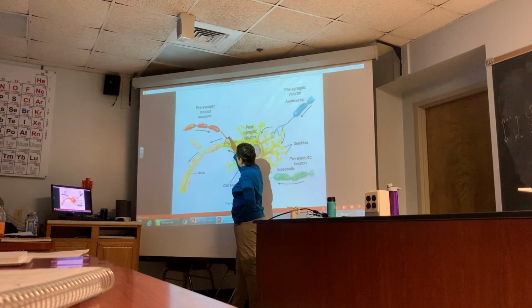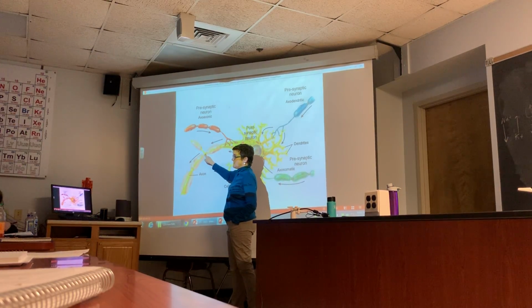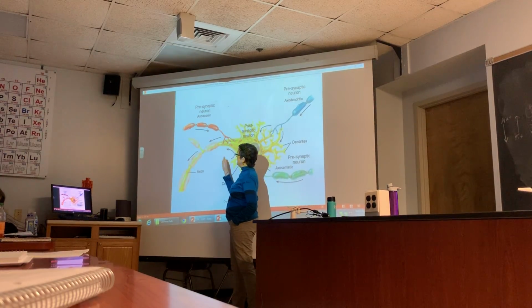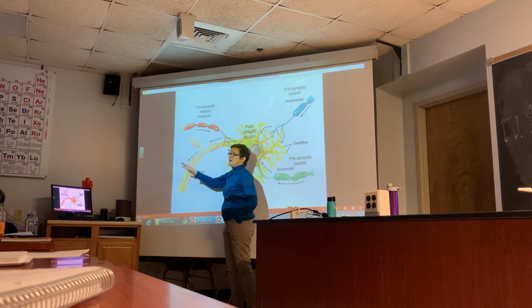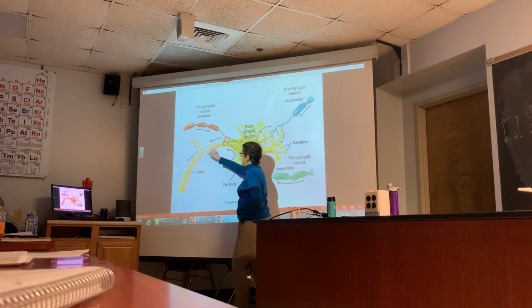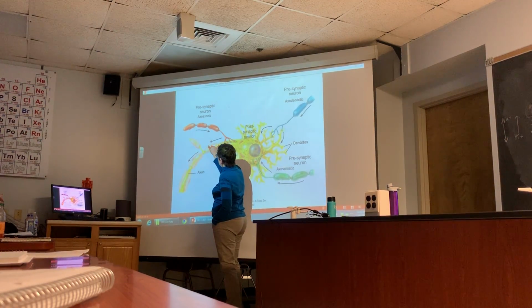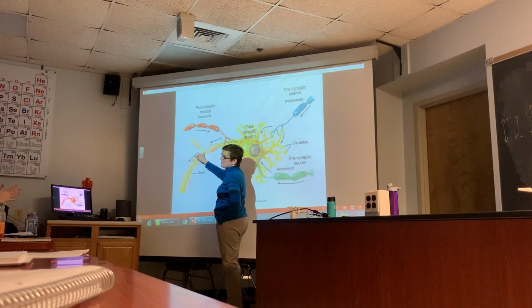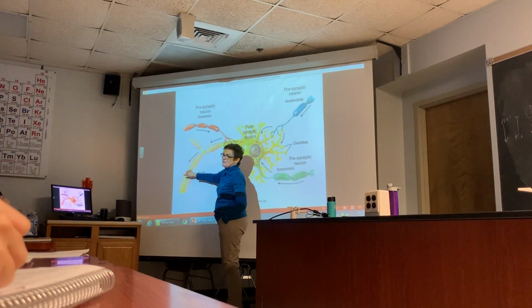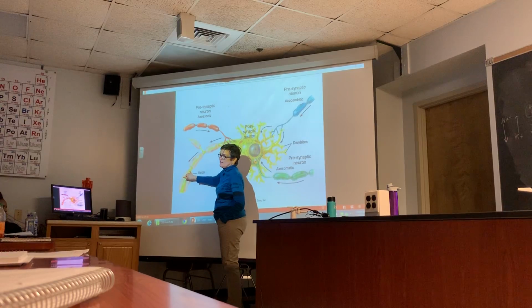And so the action potential here will propagate an action potential at this node, which propagates an action potential at this node. And so they often say that the action potential jumps from node to node. It's not really jumping, but there is propagation. That flow of sodium ions into this part of the axon will depolarize this membrane to threshold. And then when sodium ions flow in, that depolarizes this node of Ranvier to threshold.